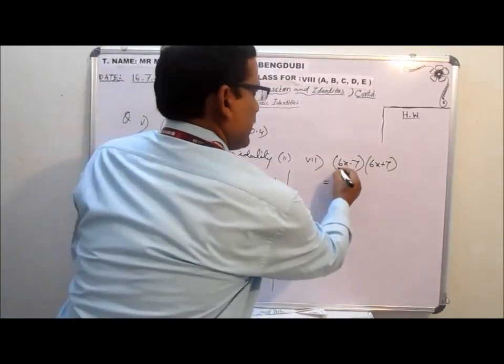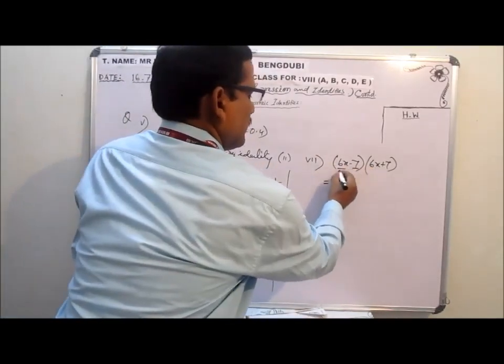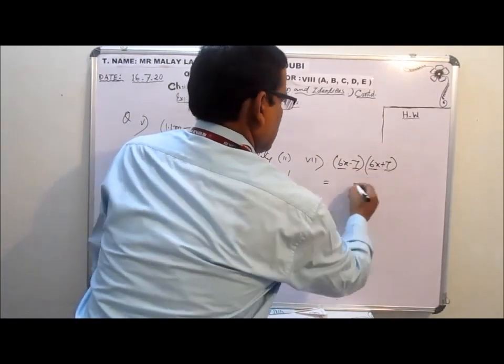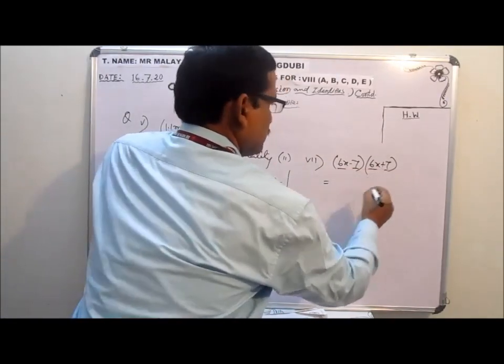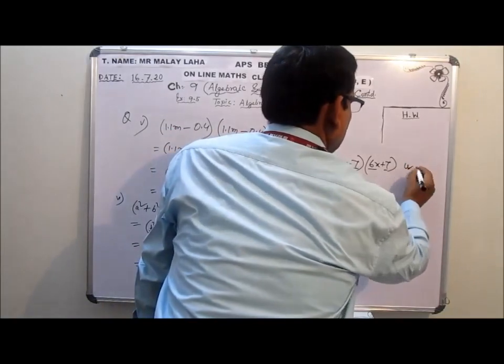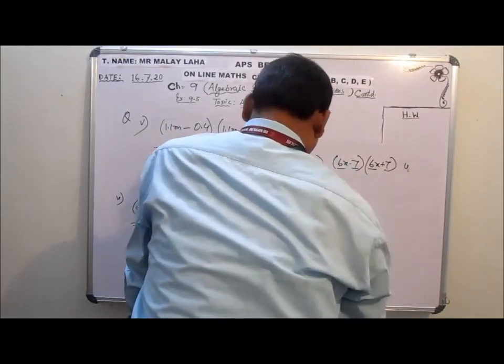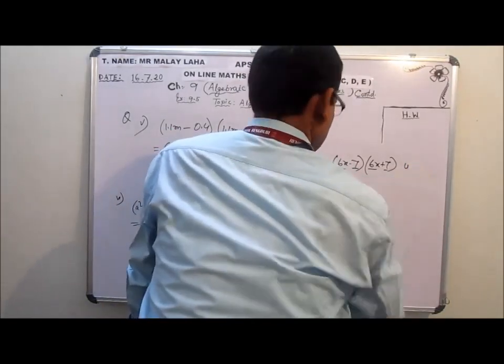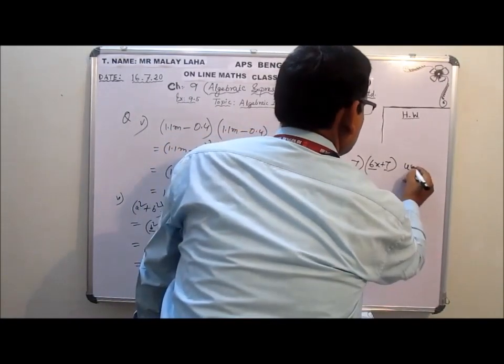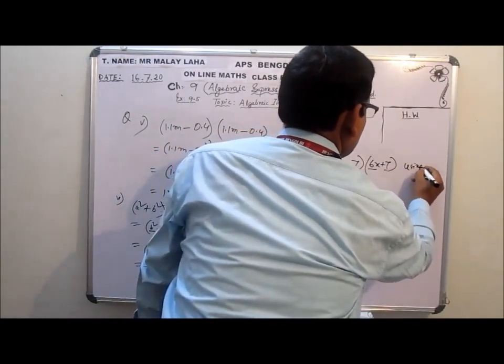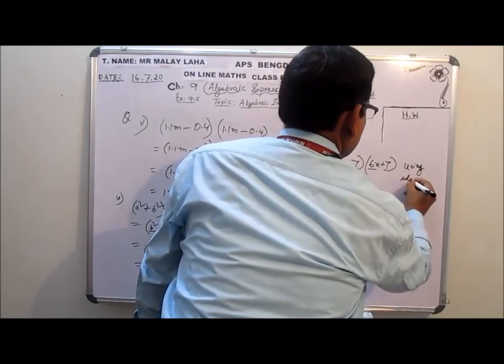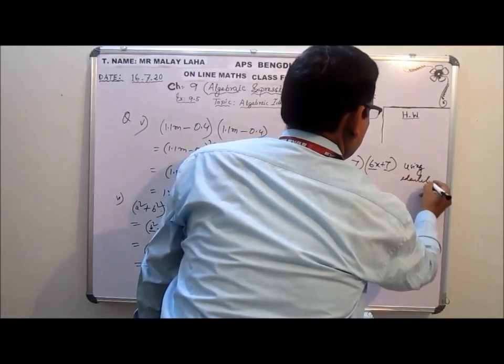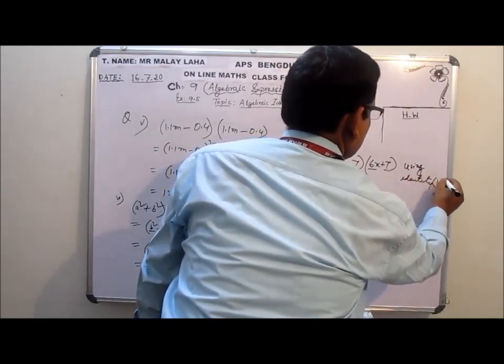Let this one be A and this one be B. So A minus B and A plus B. So you can write directly using identity 3.